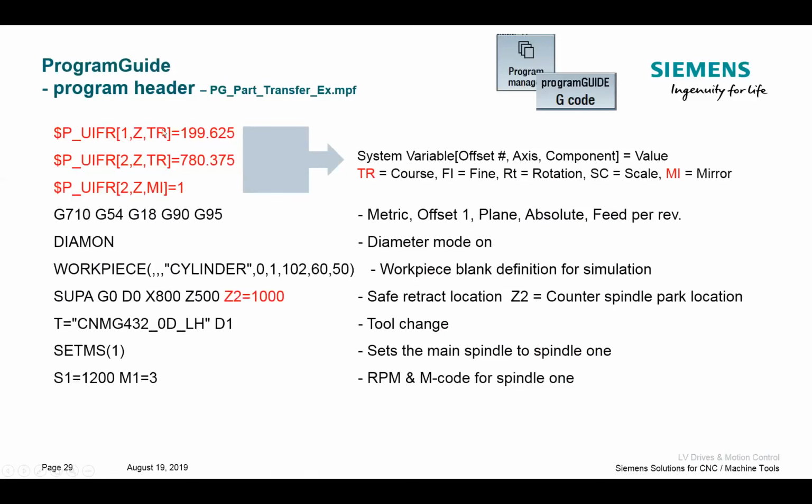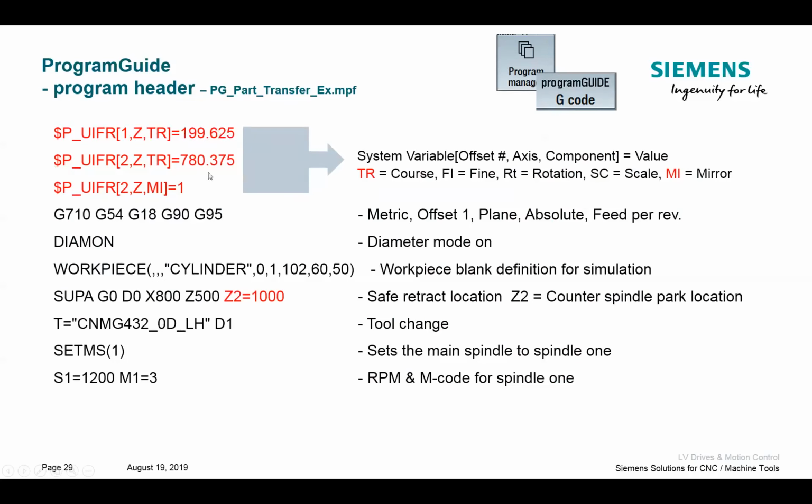The TR designation means I'm writing to the coarse offset. So this line right here will take 199.625 and automatically drop it into the G54 field of Z, which is really where I need it to be. You can do this, or certainly you can have the operator type it in, but it does have to get put in there at some point.